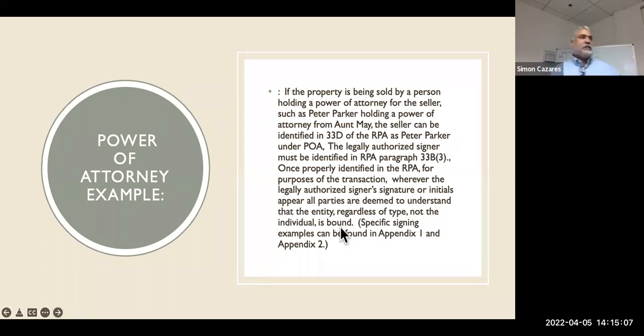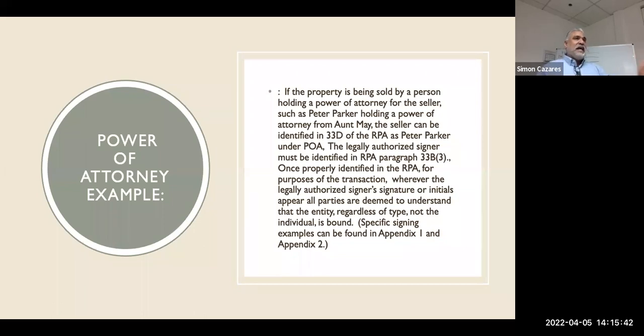So regardless, if you are not the actual owner, right? Mr. and Mrs. Smith is the actual owner of the property, but you are part of the power of attorney on behalf of one. Let's just say that your mom, God forbid, had a massive stroke and now she's incapable of signing, right? Or remembering even her own signature, but the son or daughter would be part of the power of attorney, they would be the authorized party.